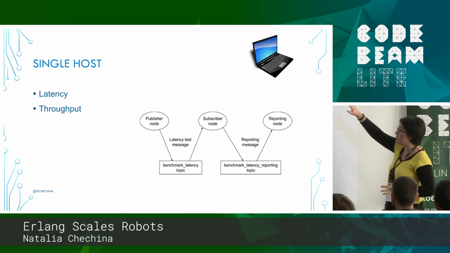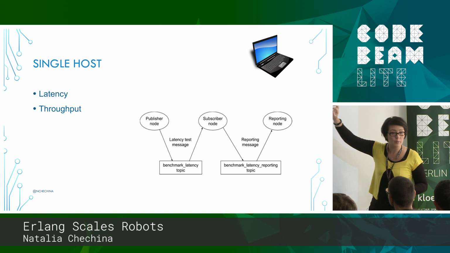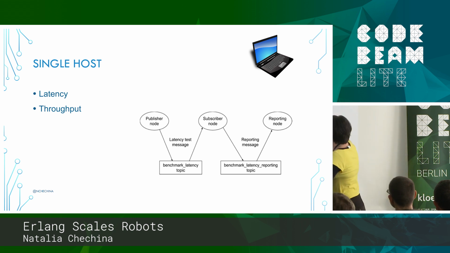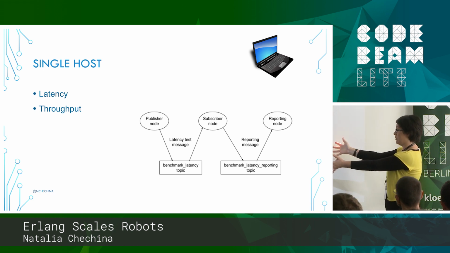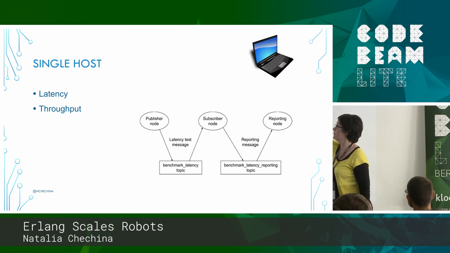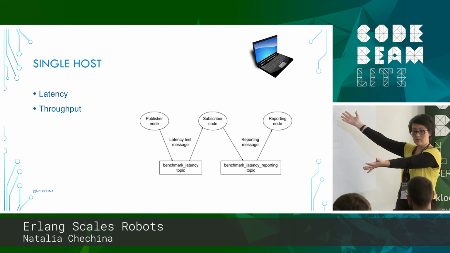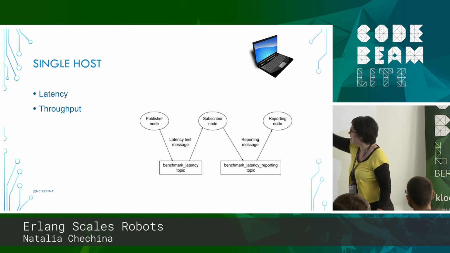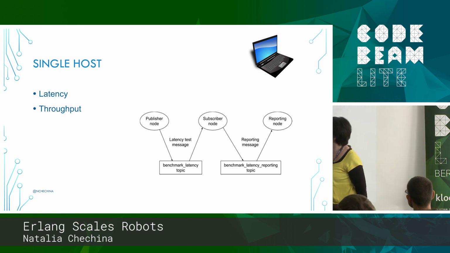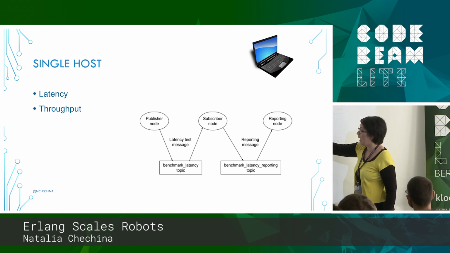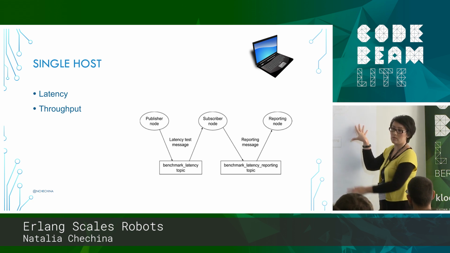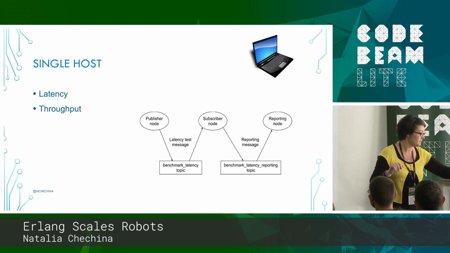What we analyzed was latency and throughput, two parameters. The experiment is really simple. We have a publisher, a subscriber, and a reporting node, just three nodes, and they exchange messages. This node publishes, the other subscribes to it, and so on, and the reporting node records what's going on. Very simple.